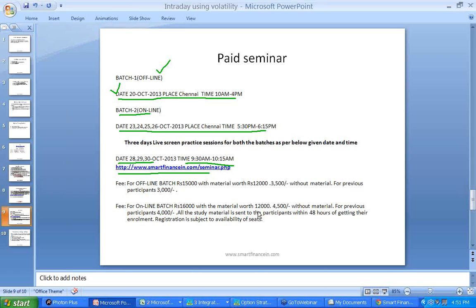Because it is beyond the possibility of explaining each and every one of the concepts in the free events. So for the ifs and buts of those concepts, if you want to learn the more refined definitions and applications of those concepts, then the paid seminar is the requirement for you.